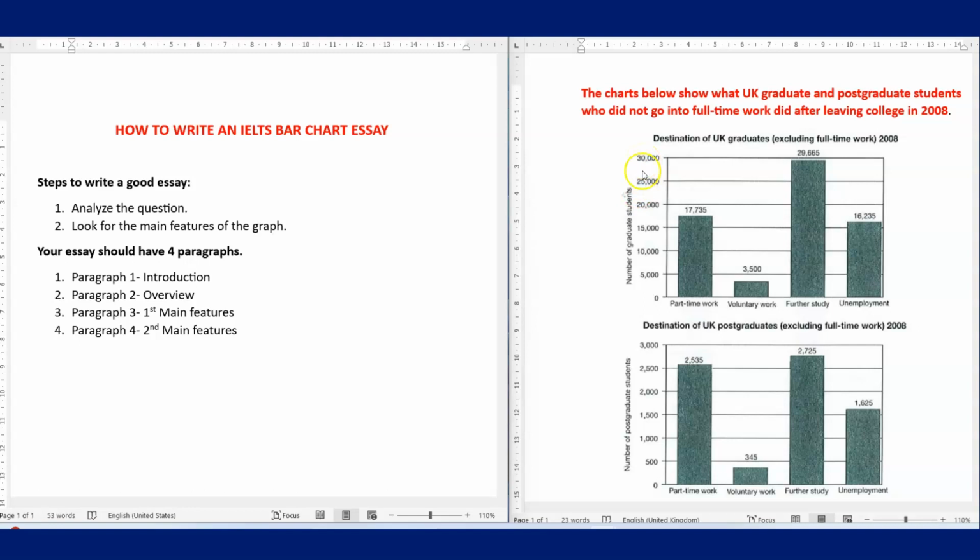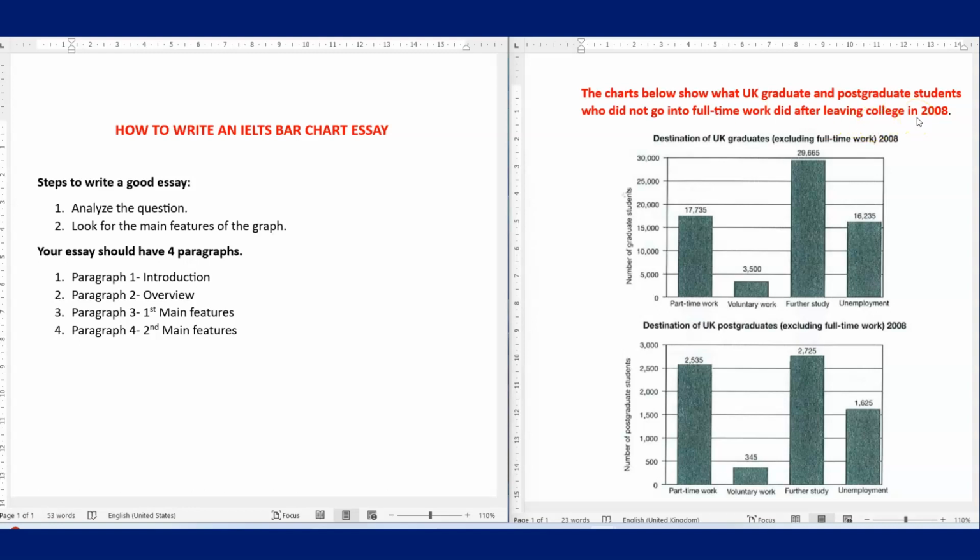So this is a bar chart, and the reason it says charts instead of chart is because there are 2. The charts below show what UK graduates and postgraduate students who did not go into full-time work did after leaving college in 2008.